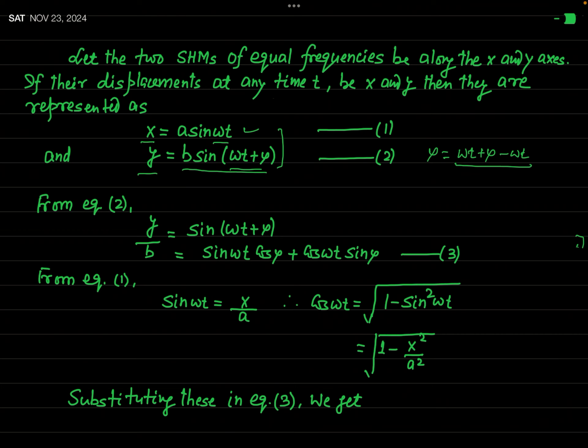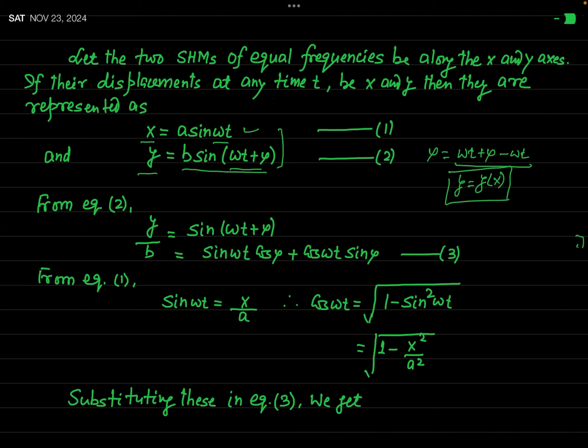Now, our aim is to know, when the motion of the particle is governed by these two equations, what will be the equation of the trajectory described by this particle. Whenever you talk about the equation of trajectory, you have to find y as a function of x. How y varies with x, how y is related to x, that equation is called the equation of trajectory.